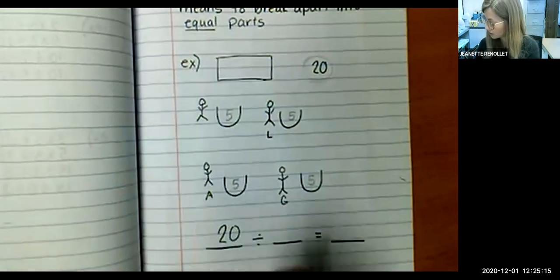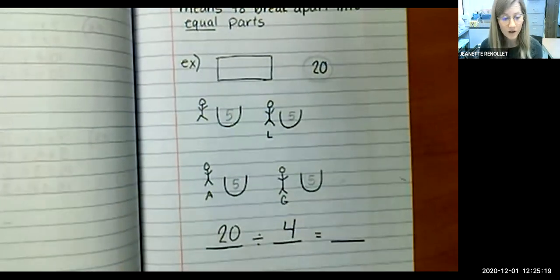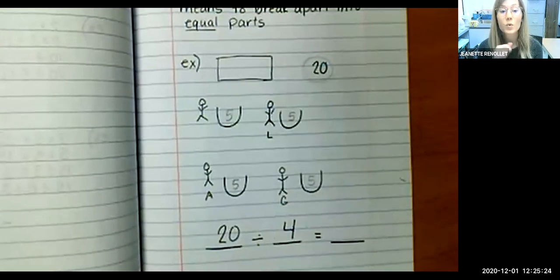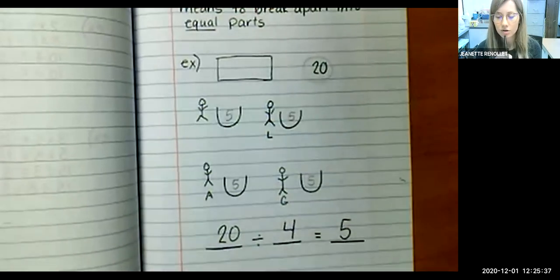There was 4 of us. So our divisor is 4 buckets or 4 friends. And we determined that 20 brownies partitioned into 4 equal groups means 5 brownies in each group.